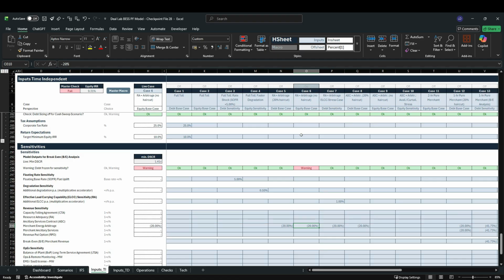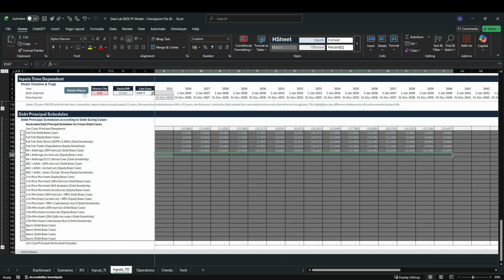So right now we get a warning because we are trying to size our debt assuming a sensitivity. So the model is trying to warn us if that is truly what we want to do. So we could flip back to a debt base case to not get a warning. It doesn't really matter. We can still size on an equity base case.